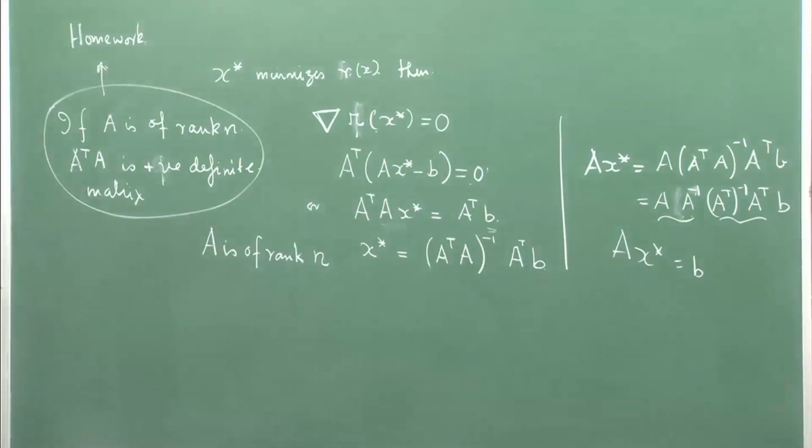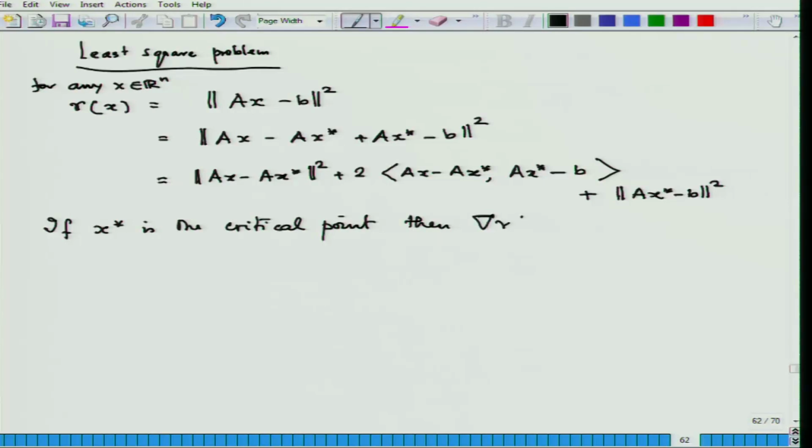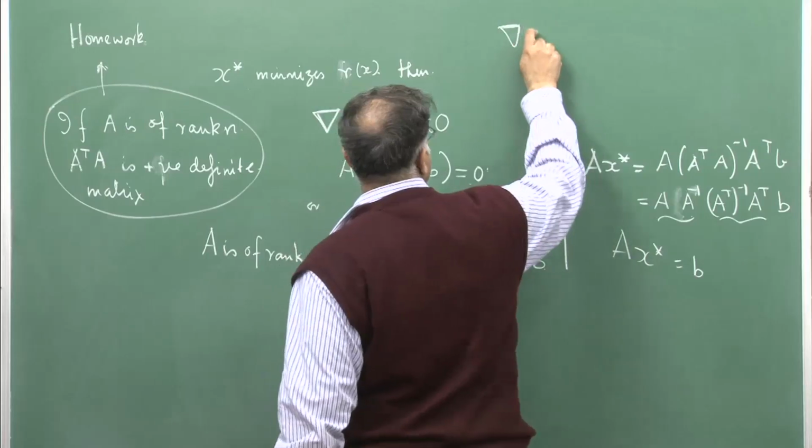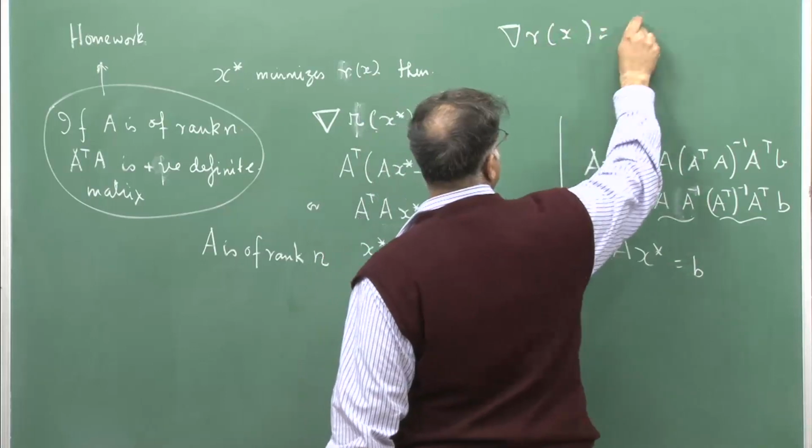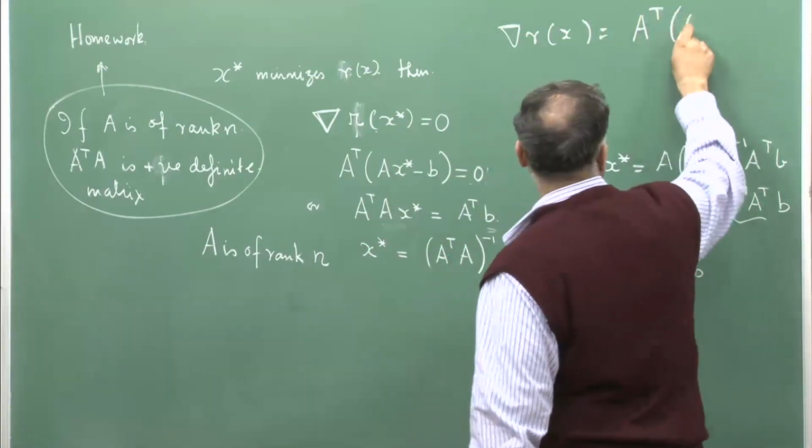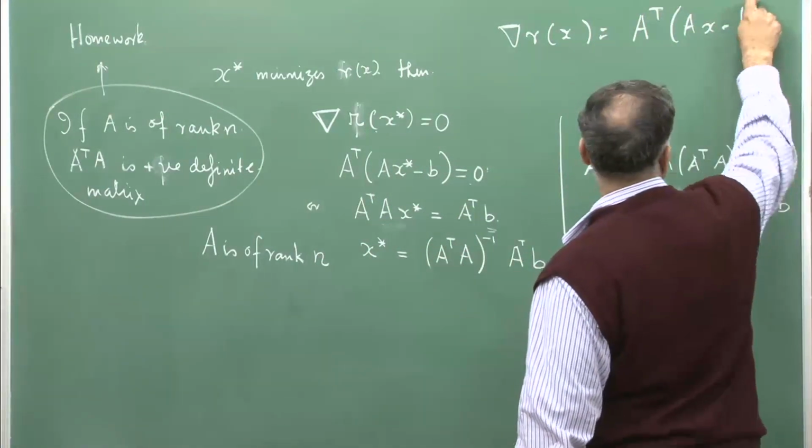Then grad Rx star is equal to 0, and I leave it as homework for you to figure out that the gradient of Rx is nothing but A transpose Ax minus B.